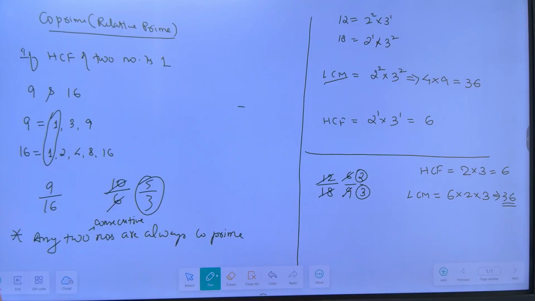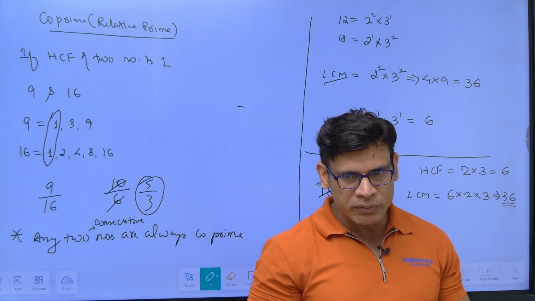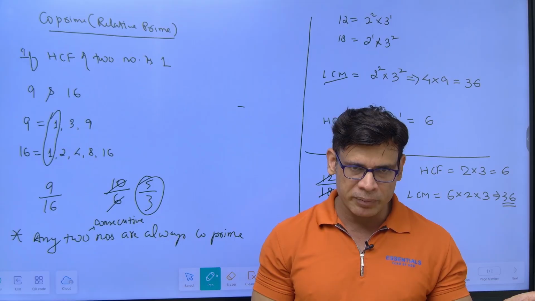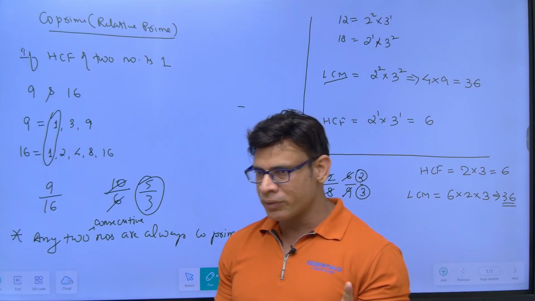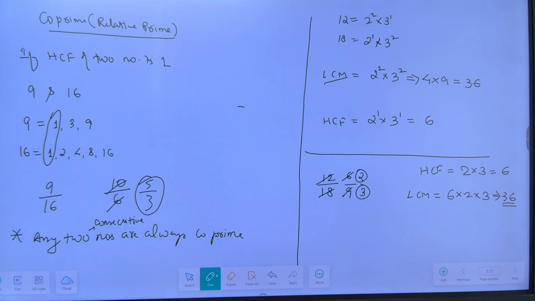Remember, 1 and 2 can also be co-prime. 1 is not a prime number, but 1 and 2 together are co-prime. So 1 and 2 are co-prime, 2 and 3 are co-prime, 3 and 4 are co-prime, 4 and 5 are also co-prime. Apart from that, there are many other pairs which are also co-prime, like 9 and 16, and 31 and 43, right?